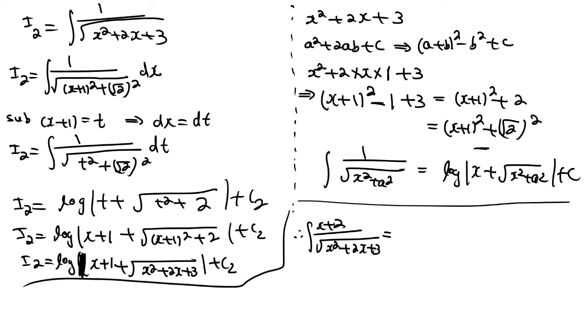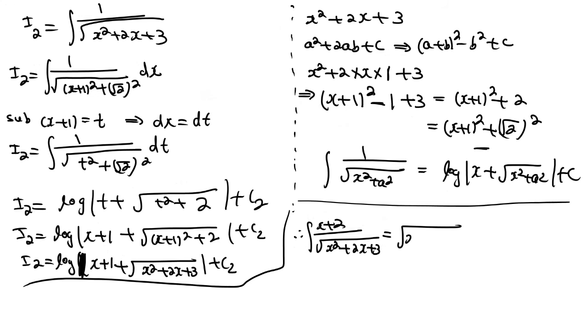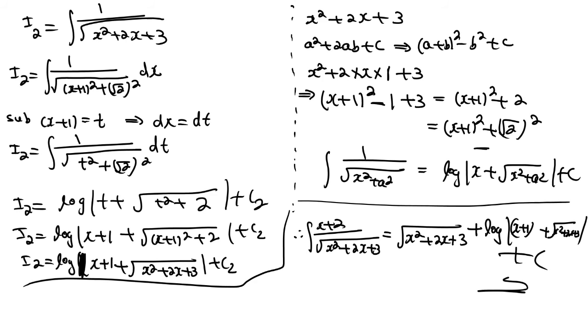We have the I1 value. What we got? I1 is square root of x square plus 2x plus 3, plus I2 value, which is log of mod x plus 1 plus square root of the same x square plus 2x plus 3, plus integration constant c.